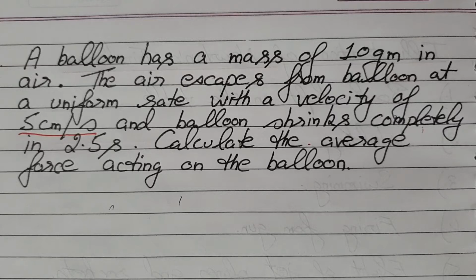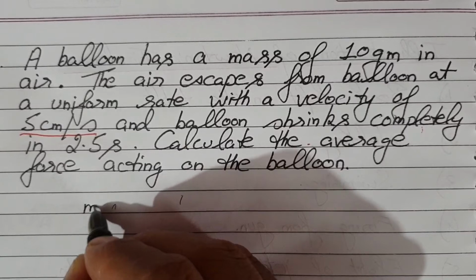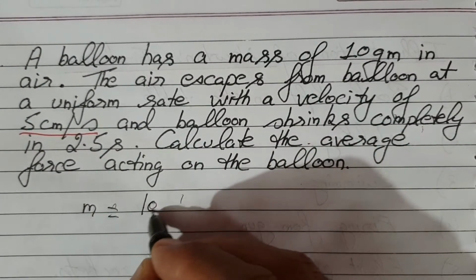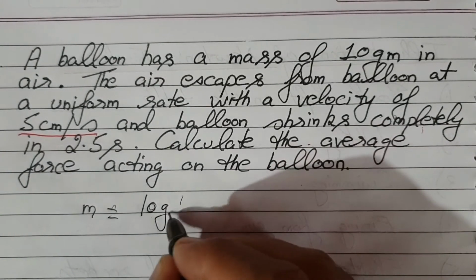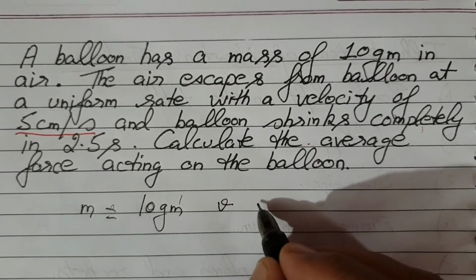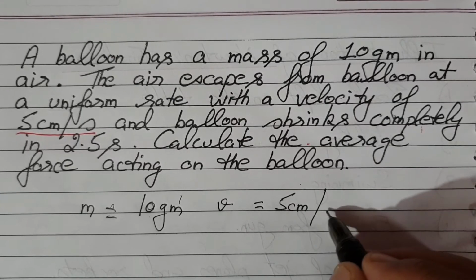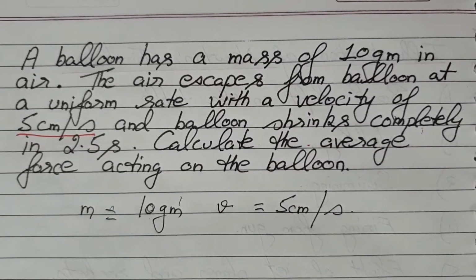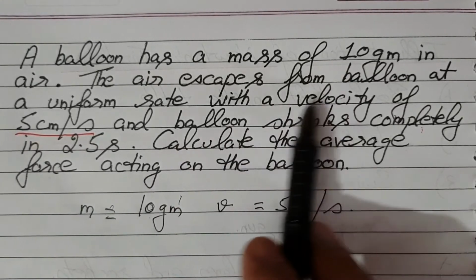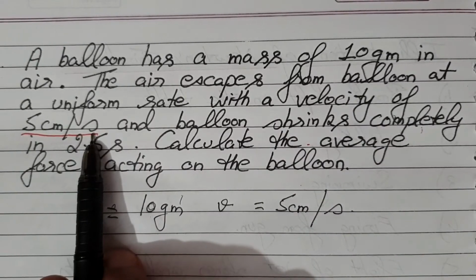First of all, what is given to us? The mass of the balloon, which is 10 grams. And the velocity is 5 centimeter per second, since the air escapes from the balloon at a uniform rate with a velocity of 5 centimeter per second.